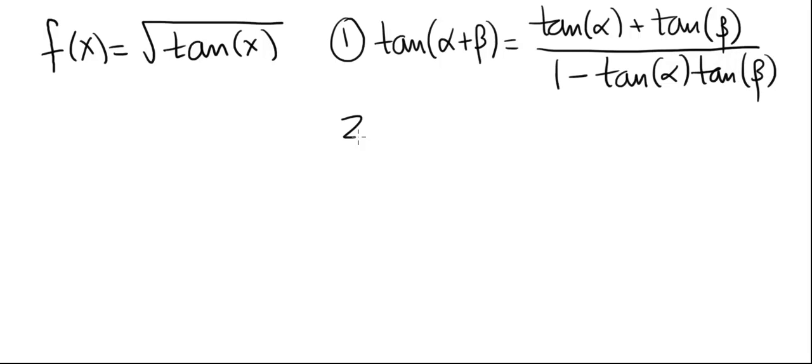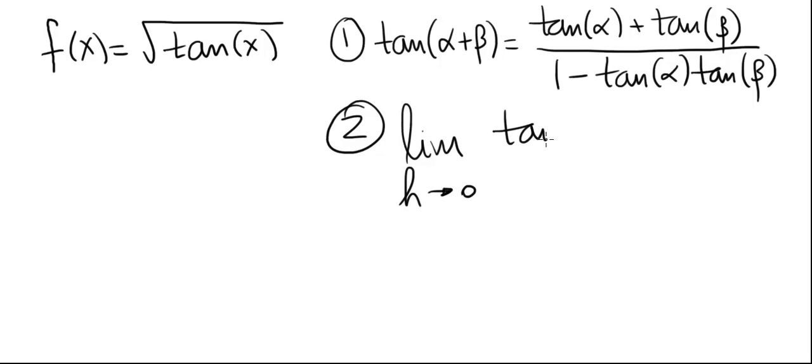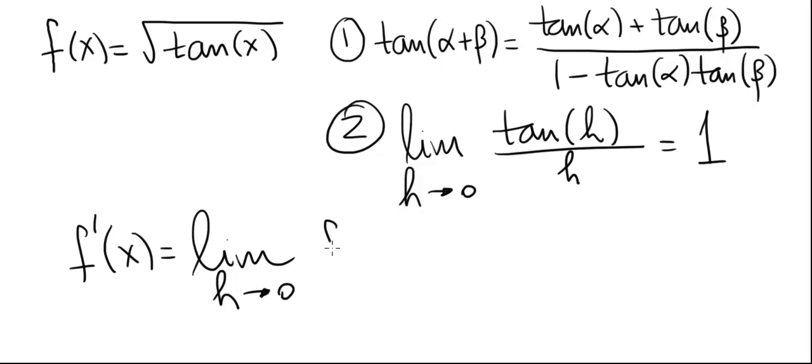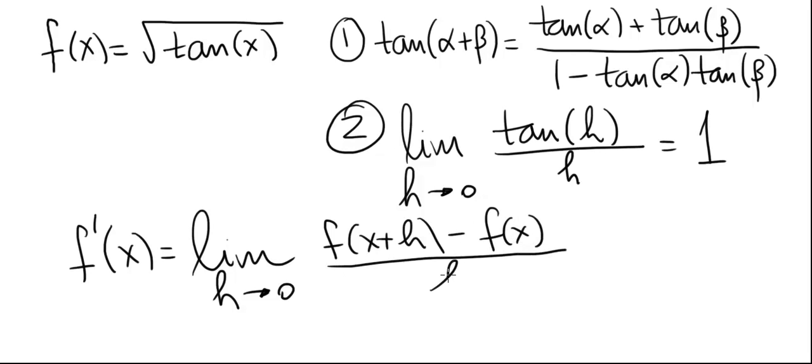And the second result we'll need is that the limit as h approaches 0 of tan h over h is equal to 1. So recall the definition of the derivative. That's the limit as h approaches 0 of f of x plus h minus f of x divided by h.